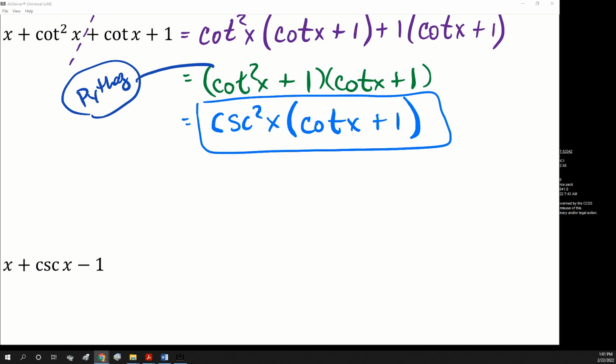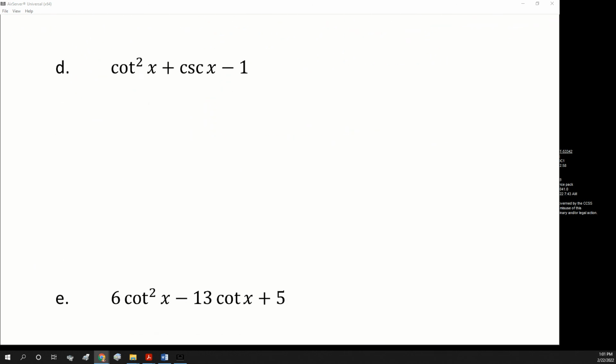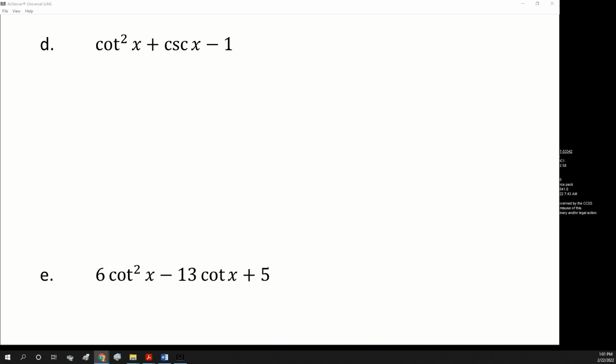This next one is kind of weird. So it's a trinomial. So it feels like you're going to just do your two sets of parentheses. And then we would do cotangent times cotangent to get cotangent squared. But then somehow we're supposed to get cosecant. And the way this is right now, that won't happen.